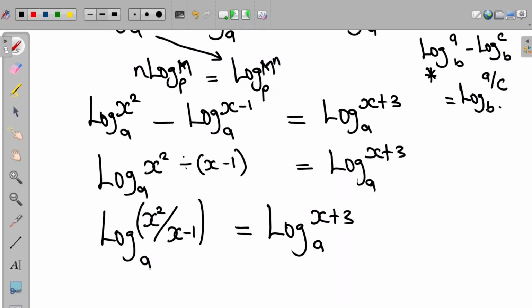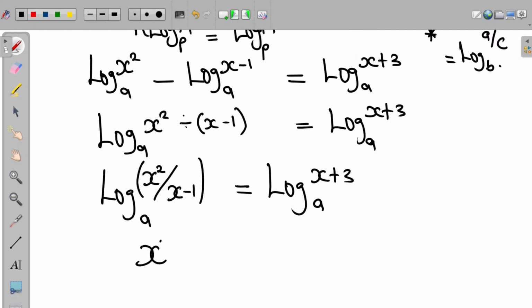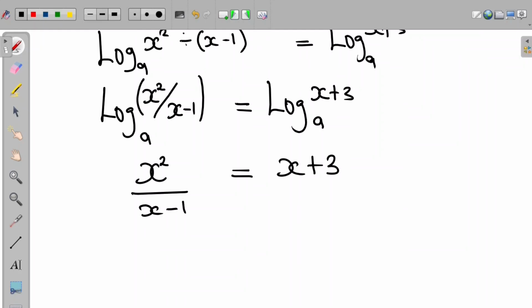Now, since we have the same base, then we can have it that x squared divided by x minus 1 is equal to x plus 3. Now we can cross multiply, so the equation becomes x squared equal to x plus 3 multiplied by x minus 1.